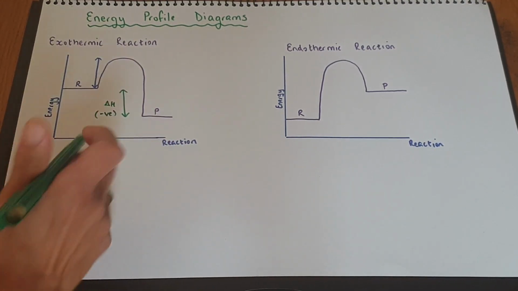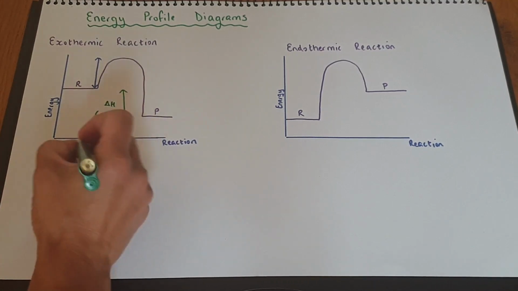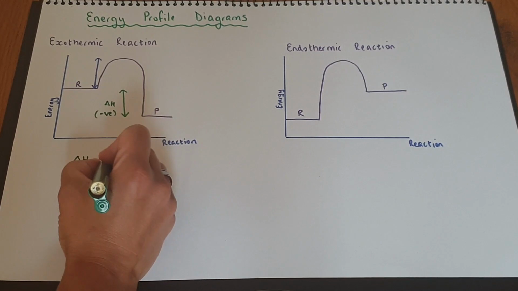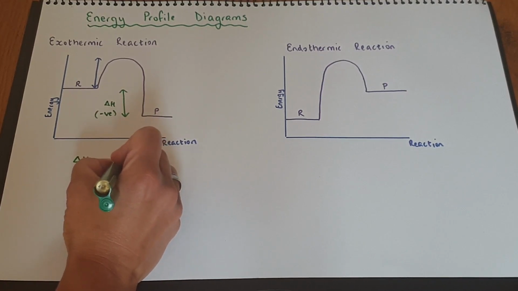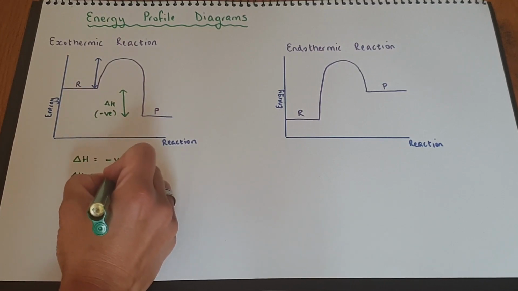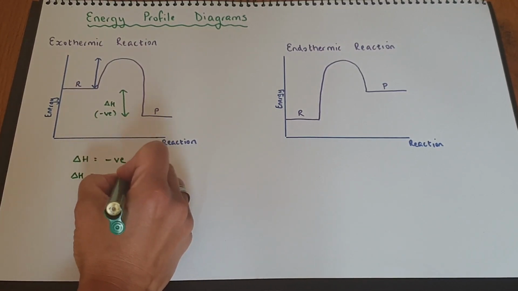And for argument's sake, let's look at this as a particular value for this made up equation. We're going to make it a delta H value that is negative, we'll call it 100.